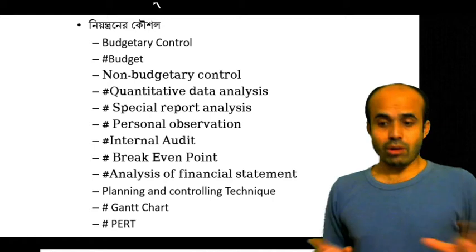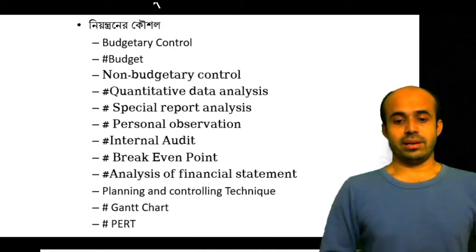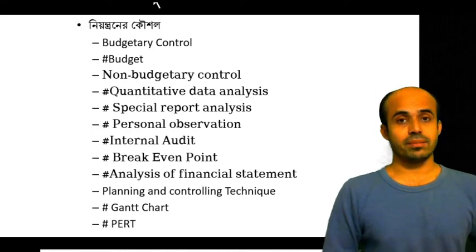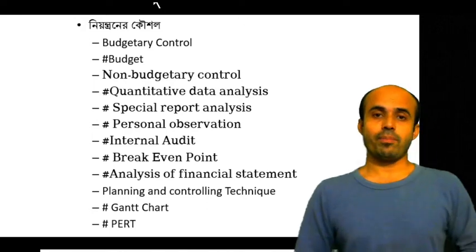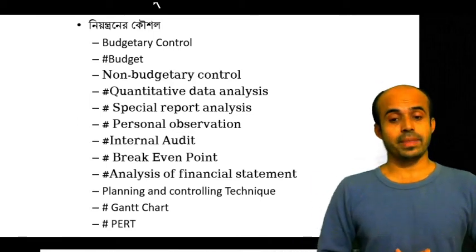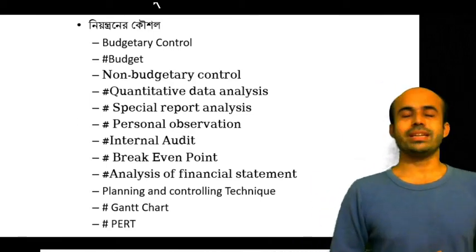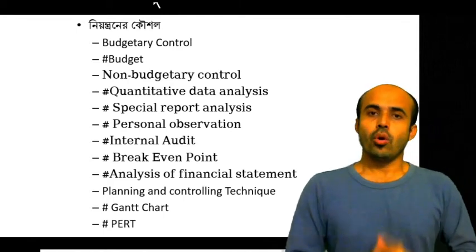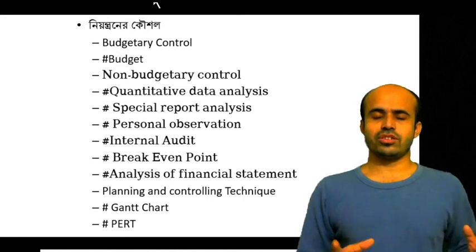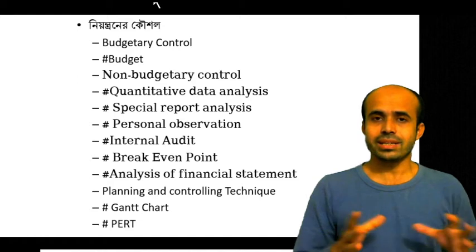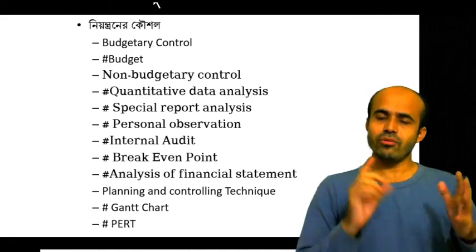Okay, so now coming to the non-budgetary control. What is non-budgetary control? There is no budget, but it is still a technique of controlling. Number one, quantitative data analysis. What is it? In organizations, so many activities are done, and every task is given a unique number.